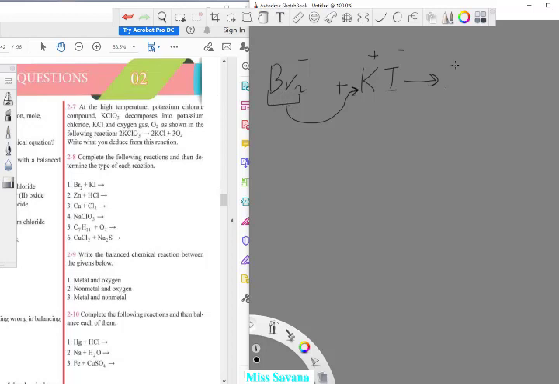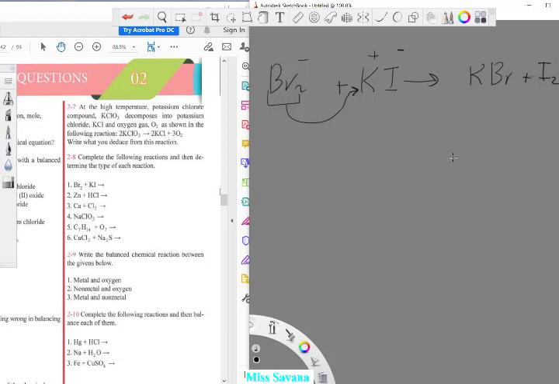So you will have KBr plus I. Okay, I don't know if you can see the I. Let me just put it back here so you can see it. Okay, so it's gonna be plus I2. Why I2, guys? Because you remember the I is one of the elements that can be found as diatomic.